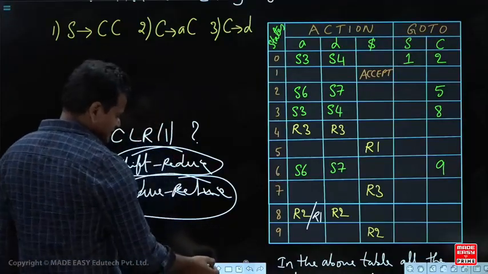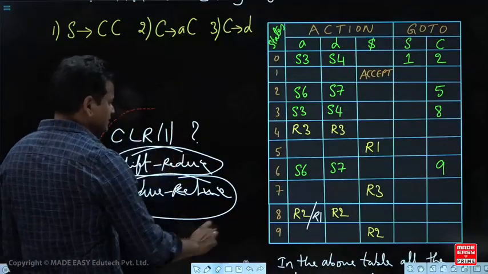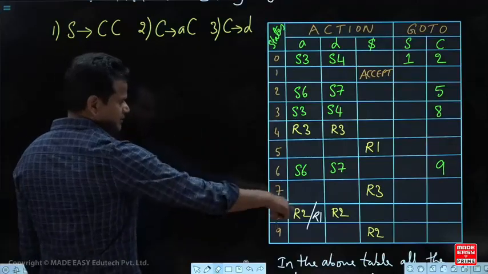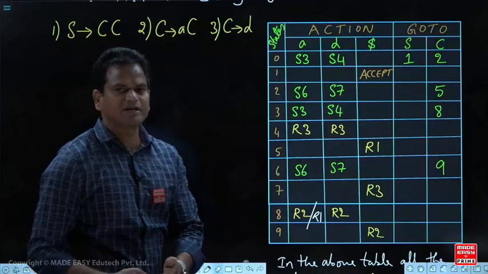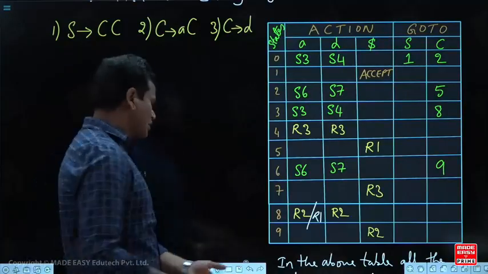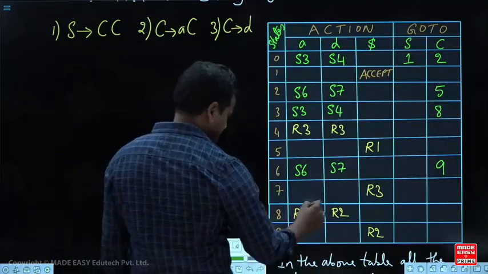Now we can decide without constructing the table whether a shift reduce conflict or reduce reduce conflict occurs. So how to decide? What are the shortcuts for that?